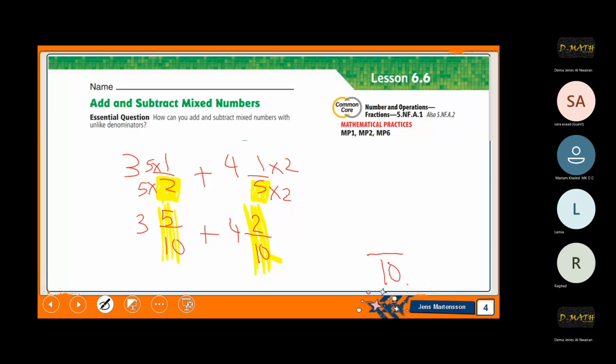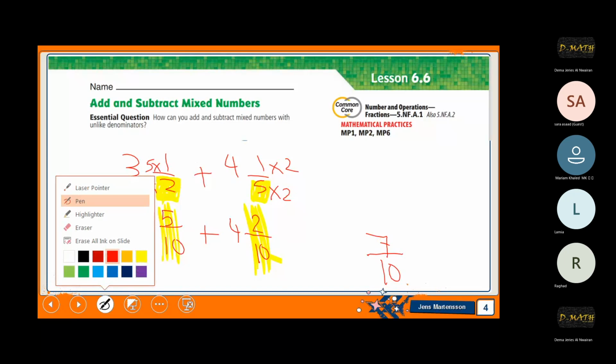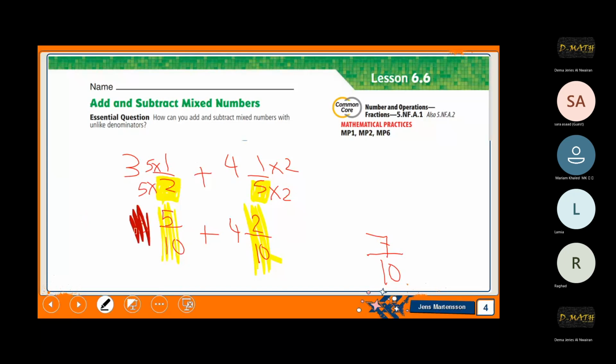Then 5 plus 2, 7. And after you add the fraction, what do you have to do next? Add the numbers. 3 plus 4, 7. So the number is 7 and 7 over 10. Do you remember it now?